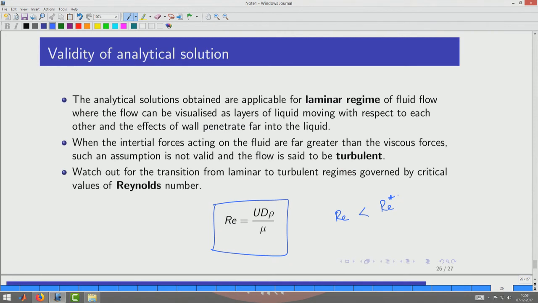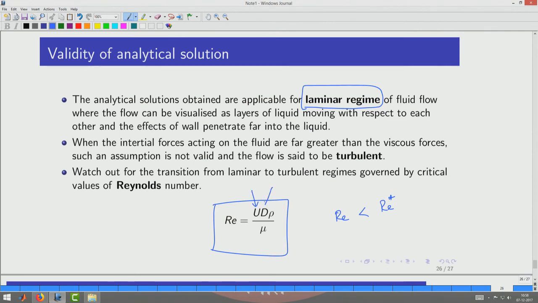That number depends upon the particular problem, and only when it is below a particular critical number can we say that the regime is laminar, and only then can we expect the effect of a boundary all the way into the domain, and that is exactly what we are going to do when we integrate over the entire domain. So, it is very important to ensure this after we get the solution and plug in the numbers here.